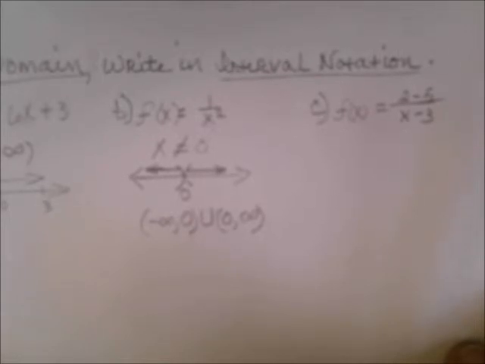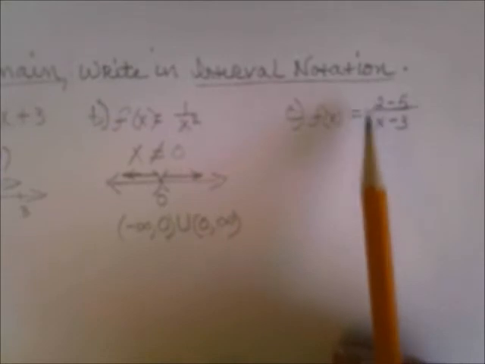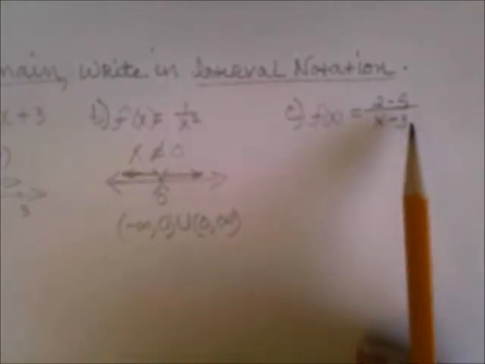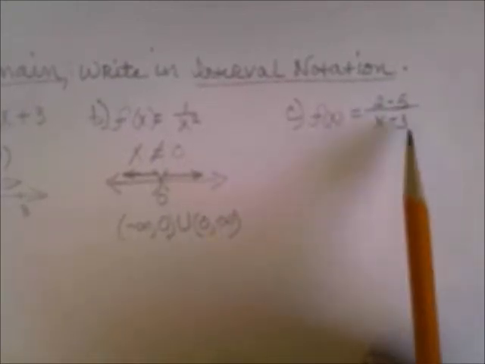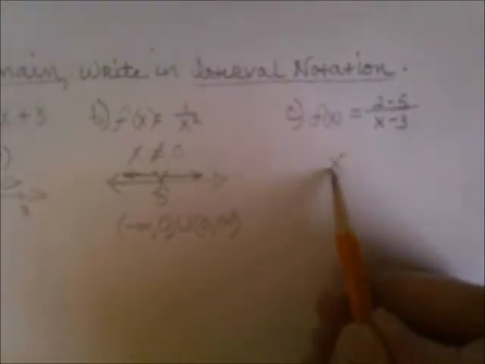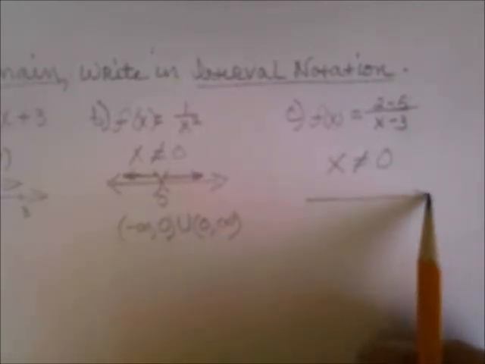It shows that 0 is not included. Okay, and we look at this one, f of x is equal to 2 minus 5 over x minus 3. Well, 2 minus 5 is negative 3, but x minus 3, and we're looking at that and thinking about what can't be equal to 0 because it's in the divisor.